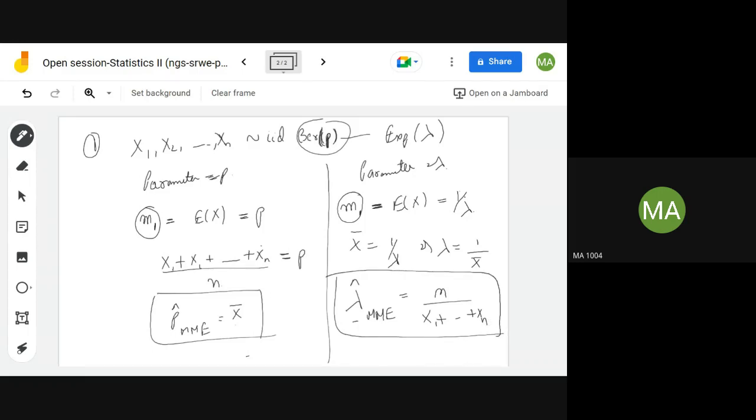This is how you find the method of moments estimator. Get this when it is generic, ma'am. Can you just look at the problem of tutorial 2, fourth problem? Okay. Tutorial 2, fourth problem is an ML estimator, not a method of moments estimator. For me, it's the fourth problem.